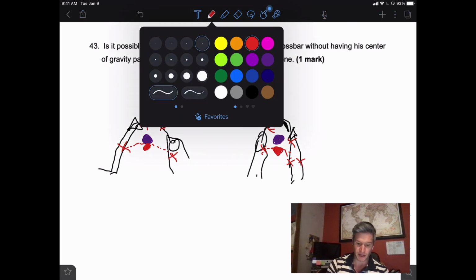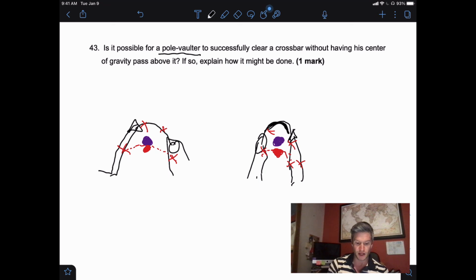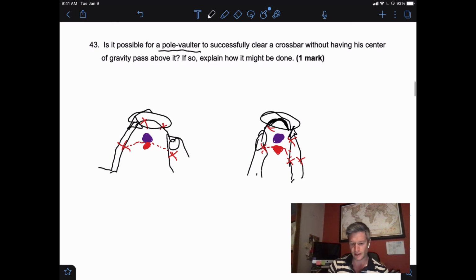So yes, it is possible, and it's largely because of the distribution of mass of the body as it's draped over the bar. It keeps more mass at any given point below the bar rather than above it. So rather than this point here, our center of mass is below the bar. That's how it would be done.